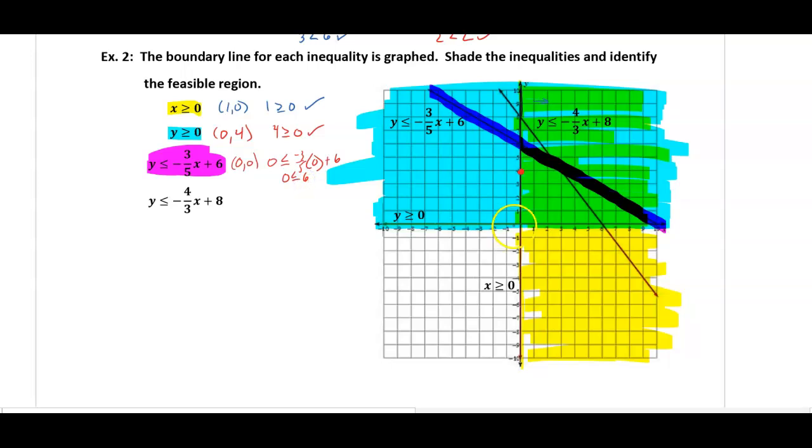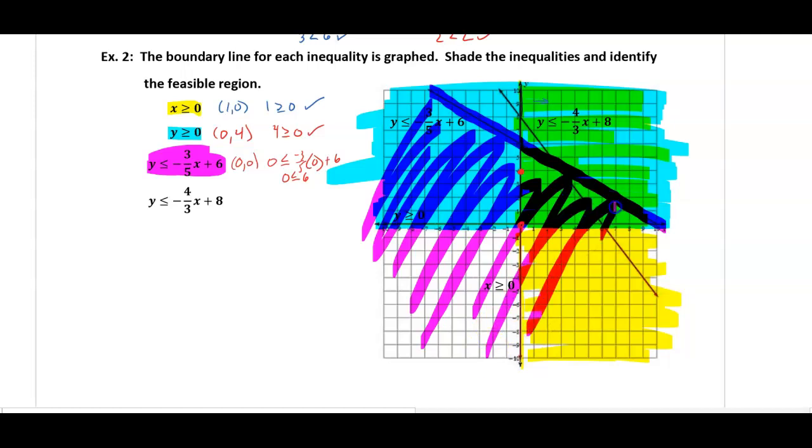Is 0 less than or equal to 6? Yes. Therefore, when I go to shade this, I know I'm going to shade below it towards (0, 0), which is all right here. Okay?